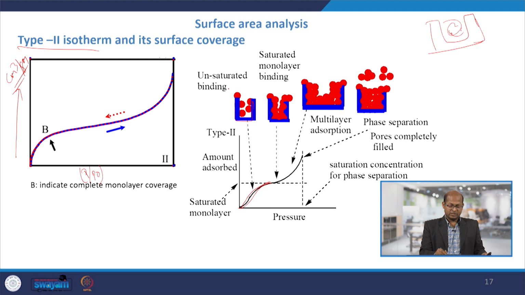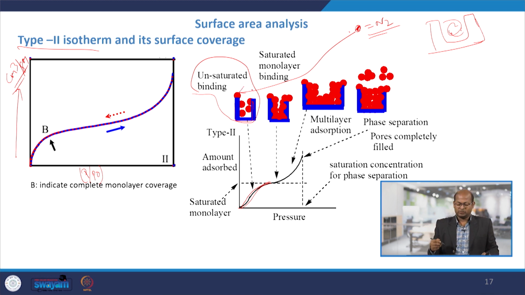Here you can see unsaturated binding, the pore is there, and the red dots are nitrogen molecules. Nitrogen molecules get adsorbed over the surface, but the adsorption is not complete. When the pressure is gradually increased, then it would become like here.